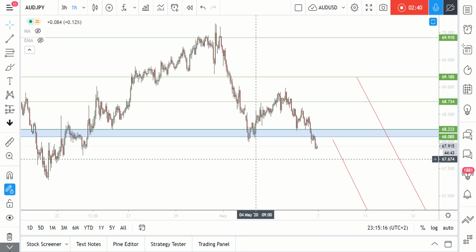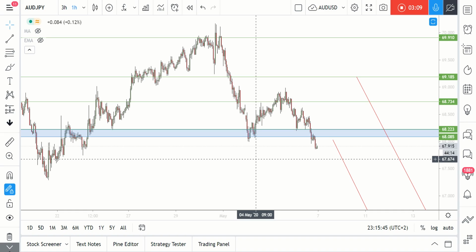Remember that the exports of a particular country are directly proportional to the demand for that currency. If Australia is sending gold to other countries, that will increase the demand for AUD, the Australian dollar.